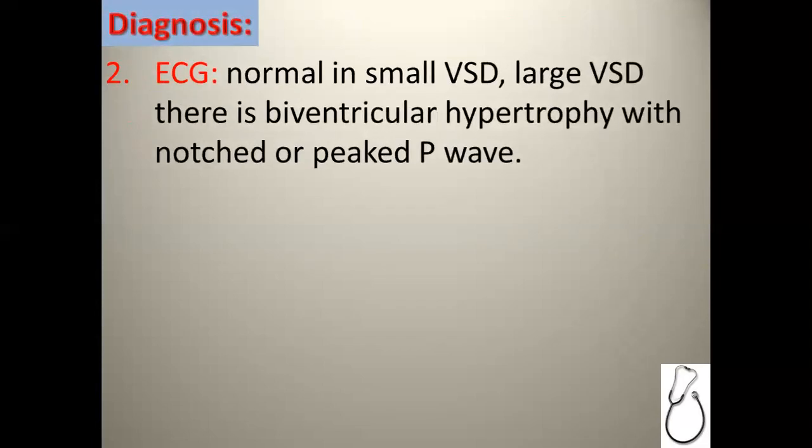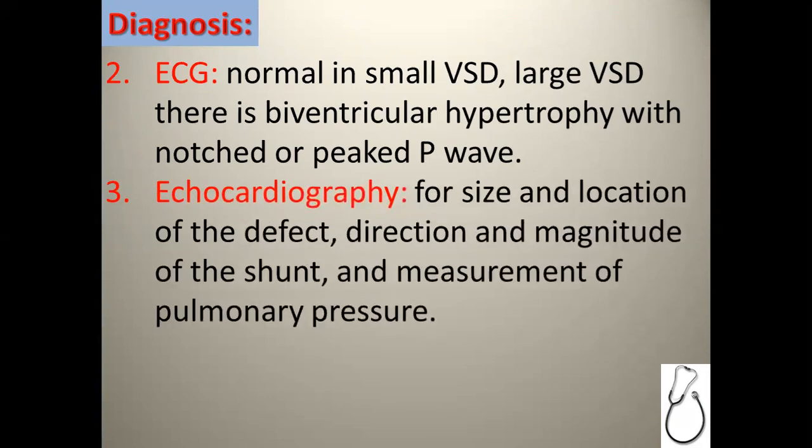ECG will be normal in the small VSD. In the large VSD, there is biventricular hypertrophy with notched or peaked P wave. Echocardiography gives us the definitive diagnosis by determining the size and location of the defect, the direction and magnitude of the shunt, and measurement of the pulmonary pressure.